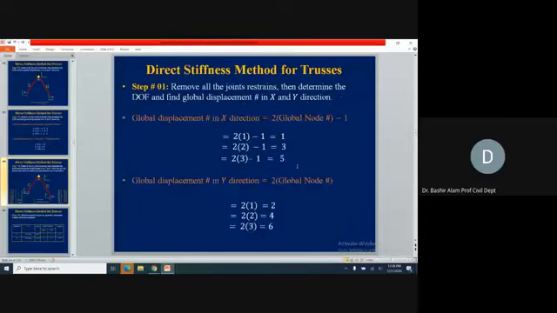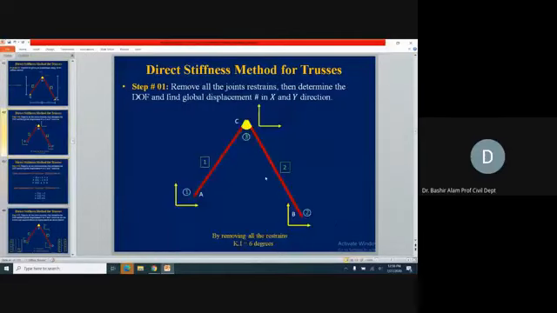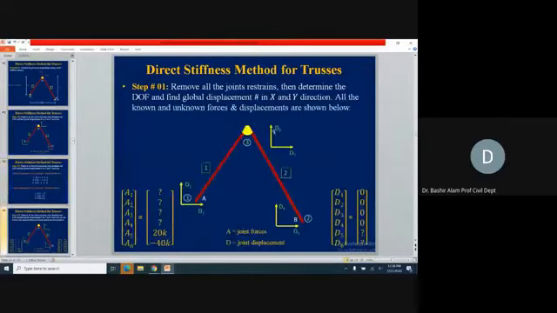So let's see what direction 20 has. Yes, this 40 is downward corresponding to D6. But D6 we took in the upward direction. So we take this A6 downward, which is negative, opposite to D6. So we now have the D matrix and the action matrix also.